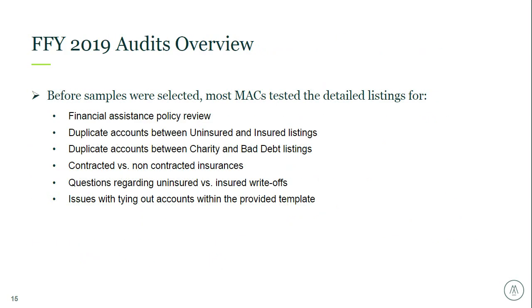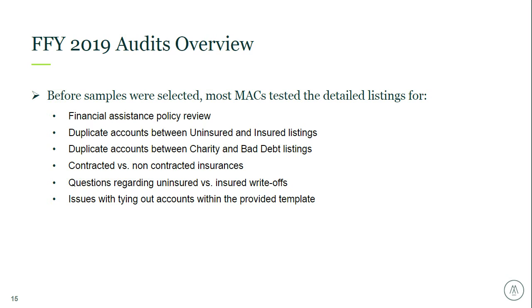So as the federal 2019 audits begin, you can see here on this slide that items requested to begin the audits are standard letters requesting a copy of the financial systems policies, financial statements, working trial balances, as well as the bad debt reconciliations between the bad debt in line 26 and the financials.